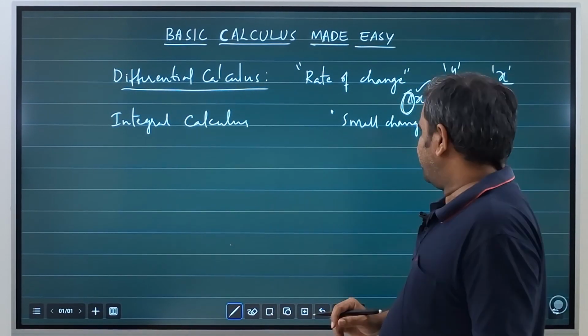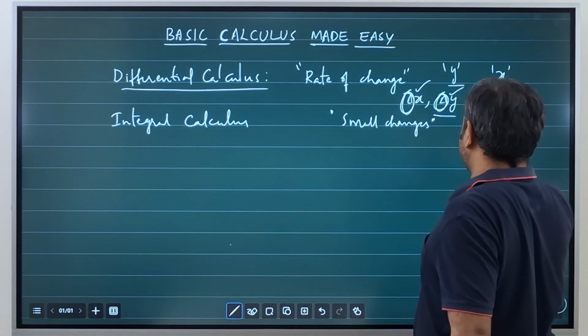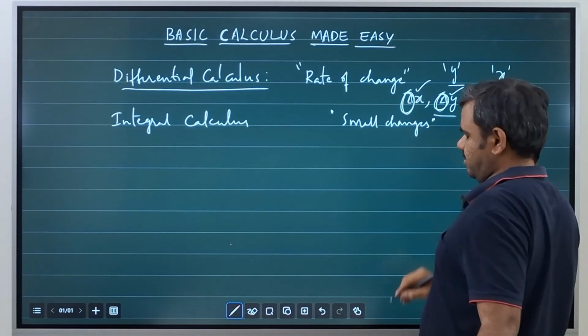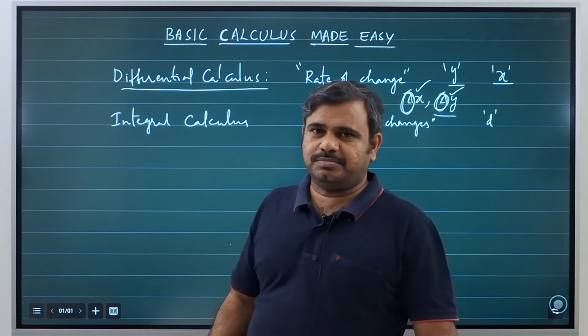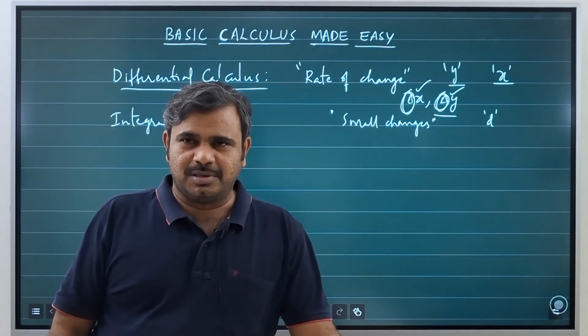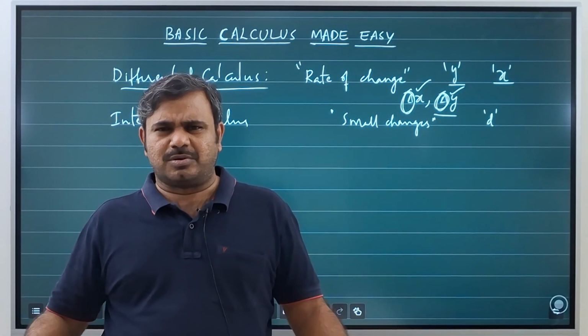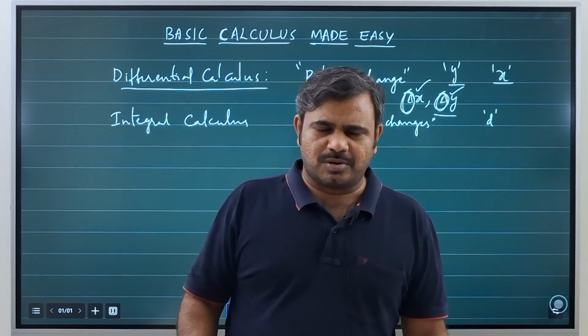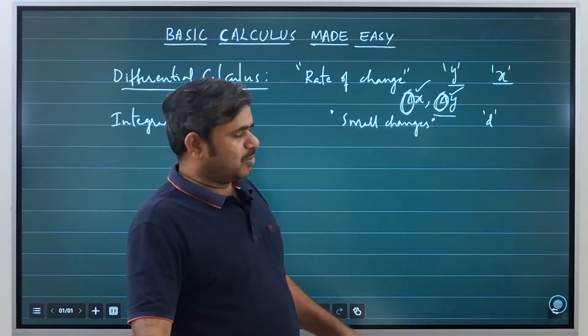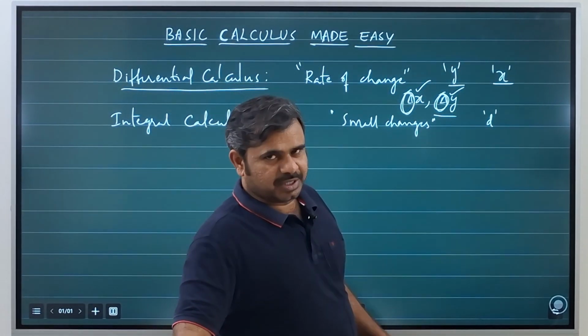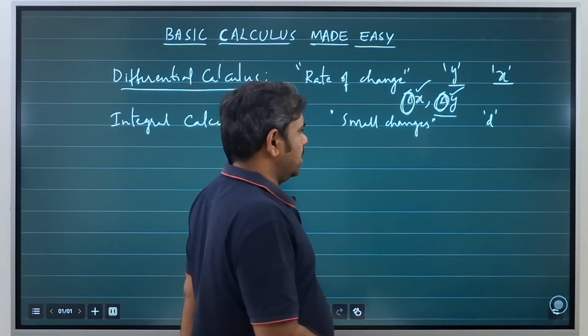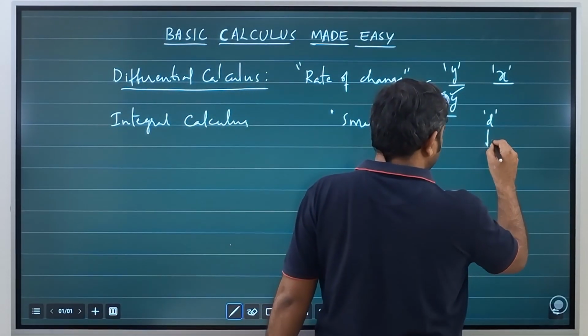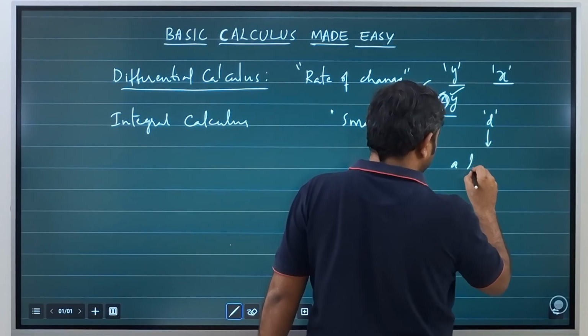Small changes are denoted by d, not delta. Delta is the symbol used for change of any amount, maybe a significant or considerable amount of change. d is a small change. You can say d means a little bit of.